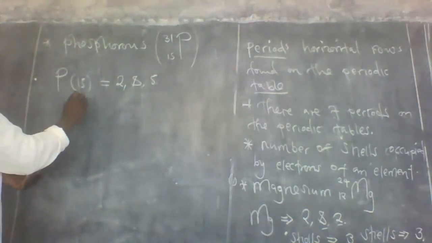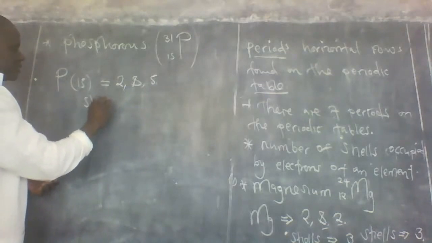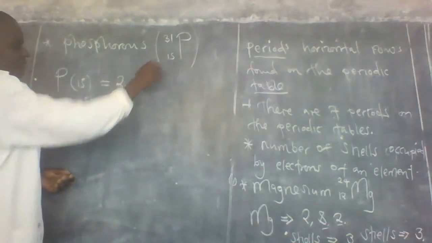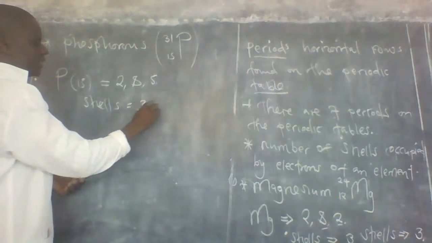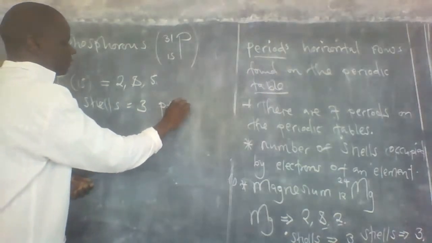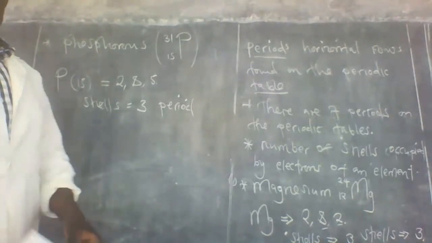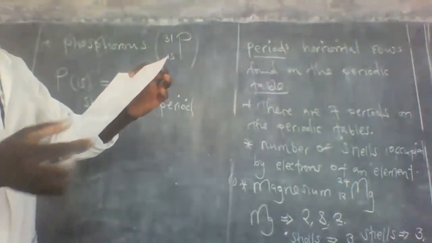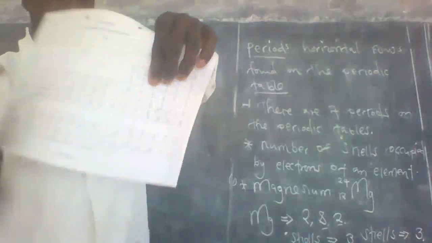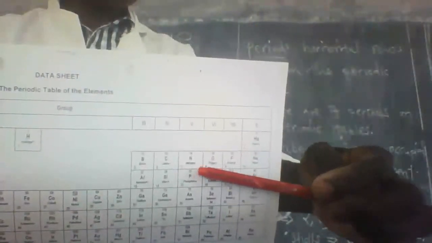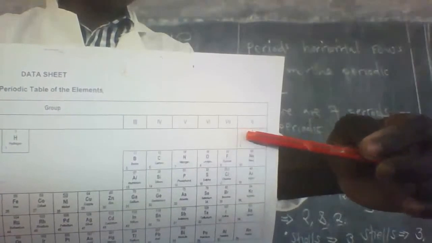So from here we can also say, how many shells are occupied by 15 electrons? There are 3. Therefore, this is in period 3. And let us counter check. You find that this phosphorus is found in period 3. The first period is here, we've got helium.